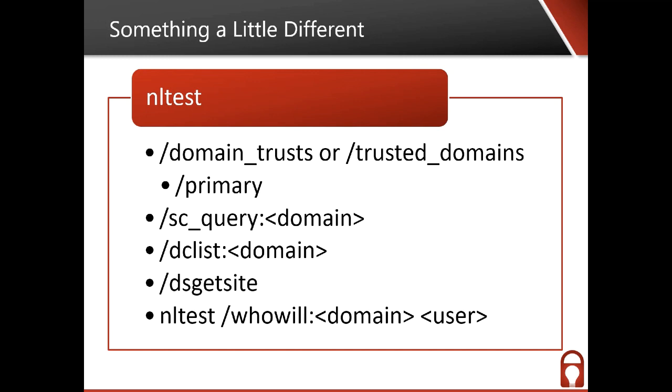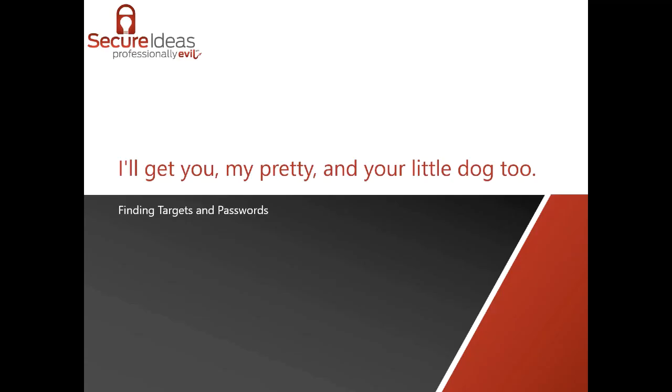So dsgetsite will give you the site that you're in and domain controllers that you can then attach to that are close to you. The last one on the command is just a quick little fun one, the nltest whowill. That will show you if an account is actually in the domain. It's probably not something you're going to use, but a nice little tidbit of knowledge. Up until now, we've just been really covering trying to find domains that are in the environment, your situational awareness.